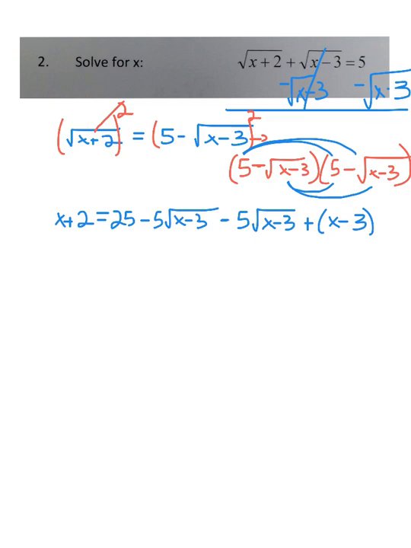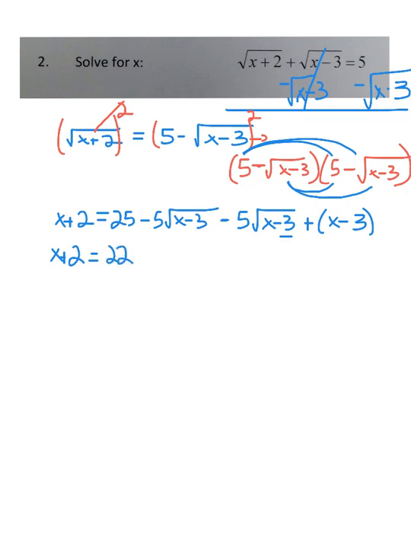All right, so let's see if we can simplify a little bit here. So I have x plus 2 on the left, right, equals. All right, so I have 25 here, but all the way down here at the end, I also have a negative 3, right? So I can do 25 minus 3, which would give me 22.